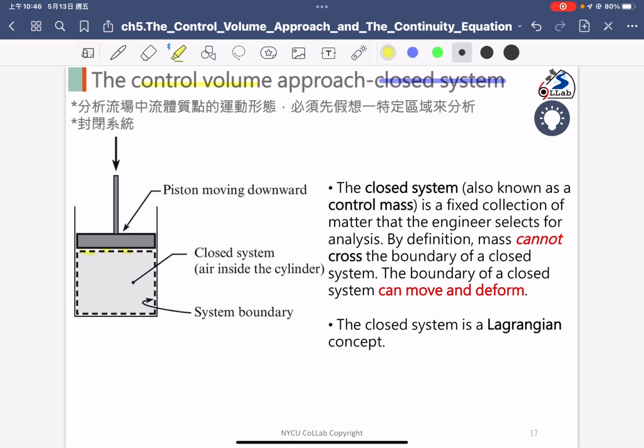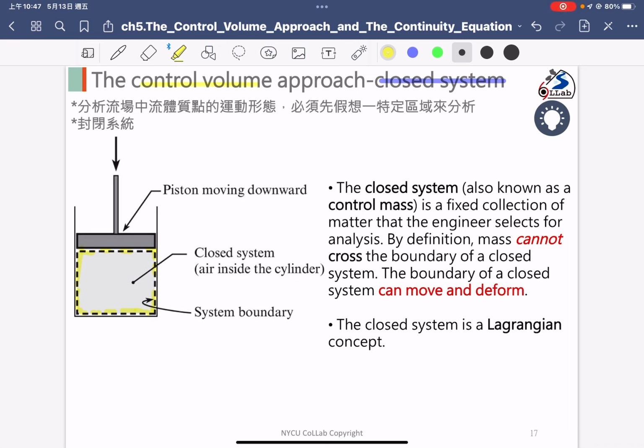This is our closed system boundary, depicted by the yellow line. And on the right-hand side of the sentence is a very important idea.